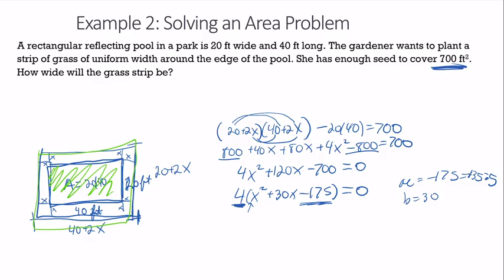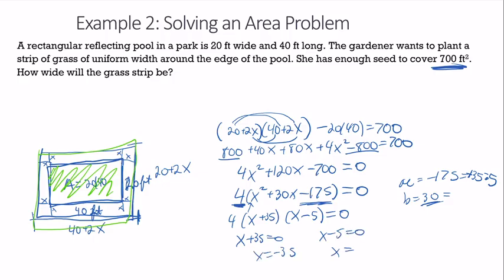Positive 35 times negative 5 is negative 175, and those add up to 30. So I have 4 times x plus 35 times x minus 5 equals 0. I set these factors equal to 0: x plus 35 is 0, x minus 5 is 0. So x is negative 35 and x is 5.